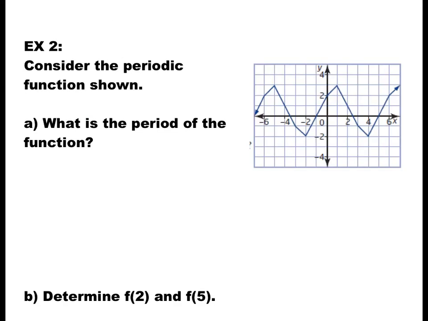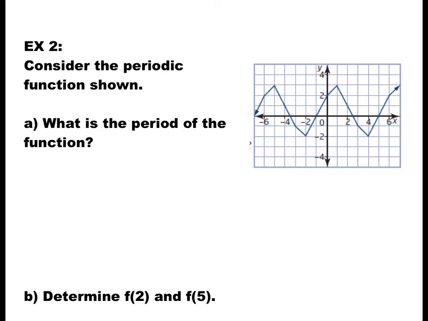The next example, we have a periodic function given on the right. We are supposed to find the period. To find the period, again, we are going to do the following. We are going to start from a point on the graph and then find the next point where the graph repeats.